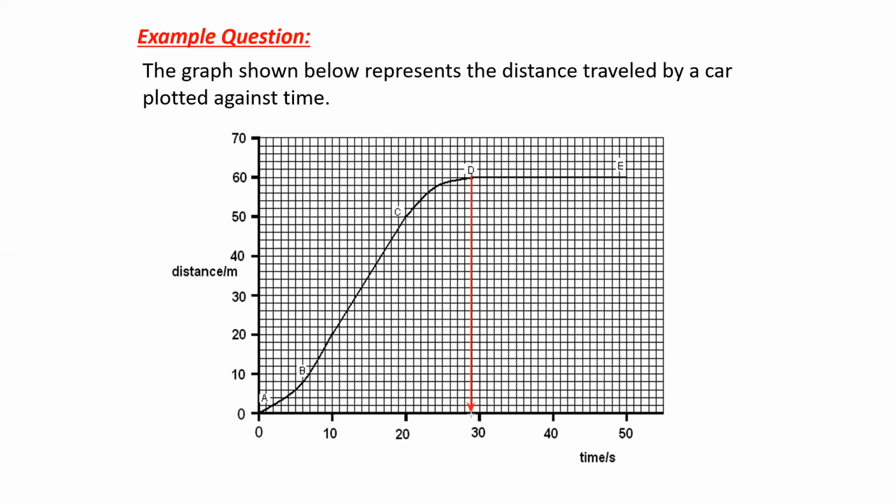That's right. So it will be 60 divided by 29, Abdullah, which will come out as 2.06. So we'll take 2.06 meter per second.